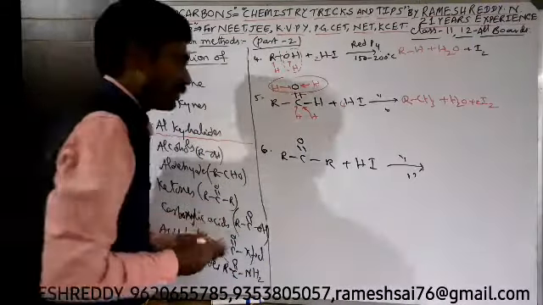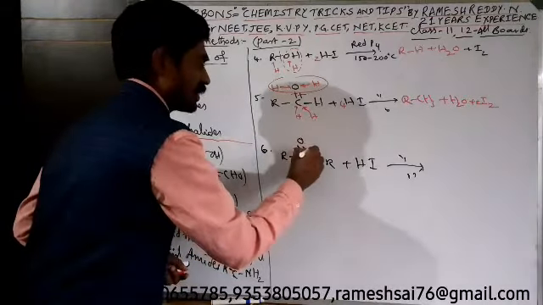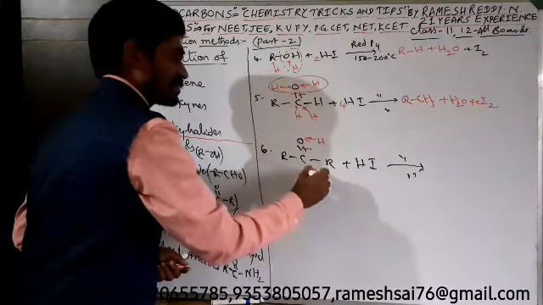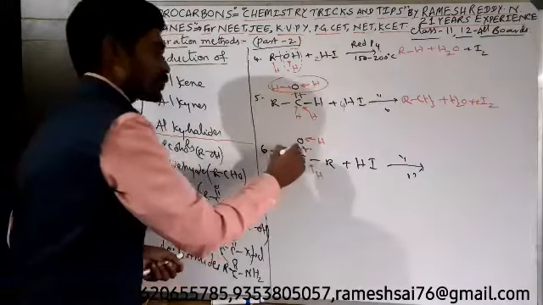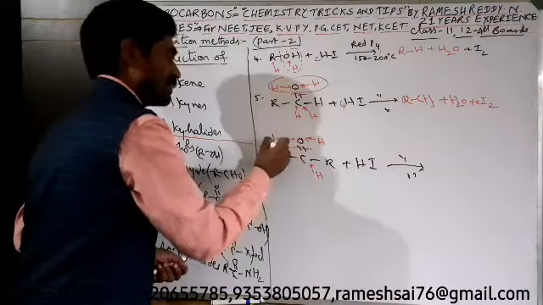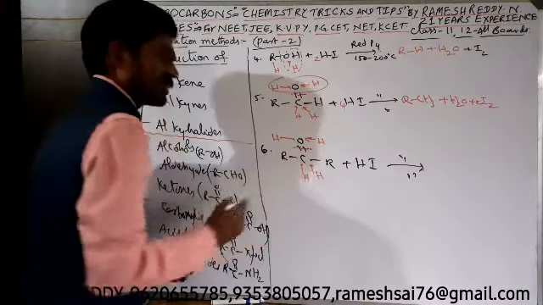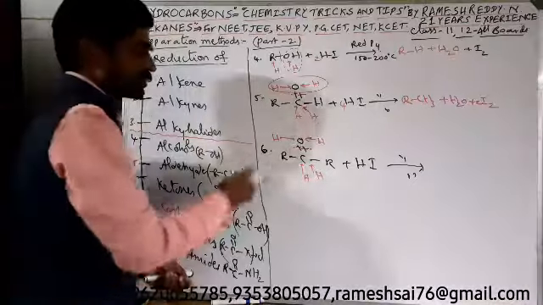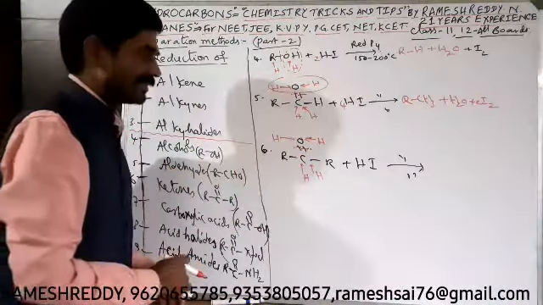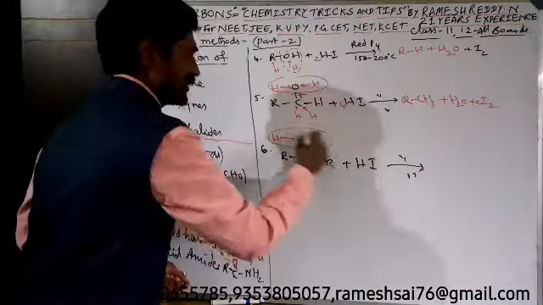This bond breaks. To the oxygen atom one hydrogen is added, and to the carbon atom one hydrogen is added. The next carbon-oxygen bond also has to break. Then to the oxygen one hydrogen is added, and to the carbon one hydrogen is added. So this one bond is replaced by 2 sigma bonds. Then it is removed as H2O.